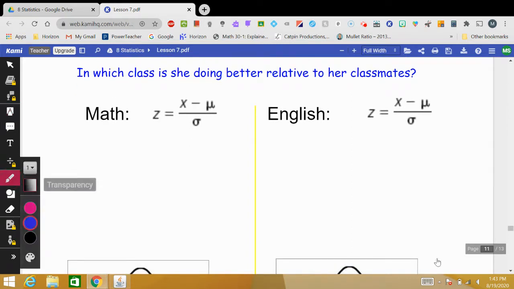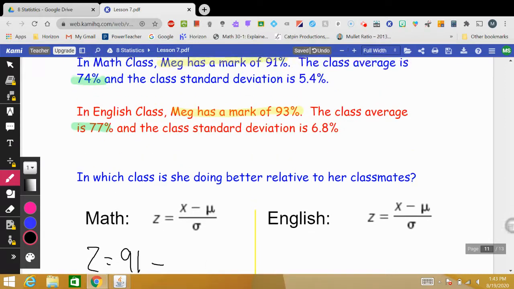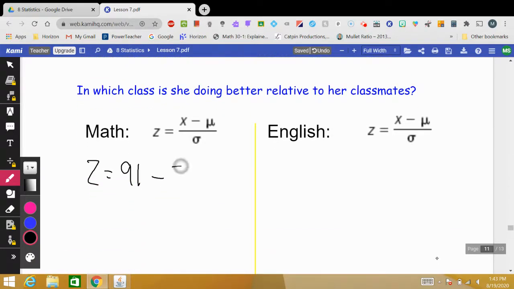So for math, her z-score, so her mark is 91. Class average is 74, and standard deviation is 5.4. So if you're going to plug this into your calculator in one step, make sure that you put brackets around the numerator, and then round it always to 2 decimal places.